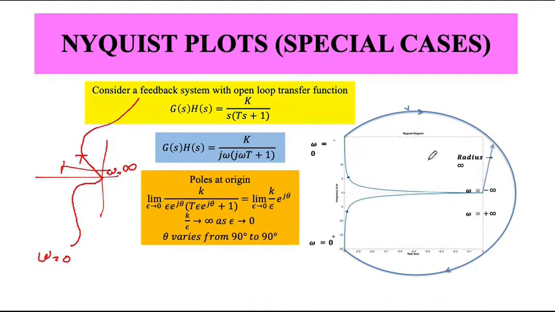So how do I really look at this? I start at omega equals 0, then omega positive. When omega equals positive infinity, and when omega equals negative infinity, then negative 0. Okay, so I will just be right here.